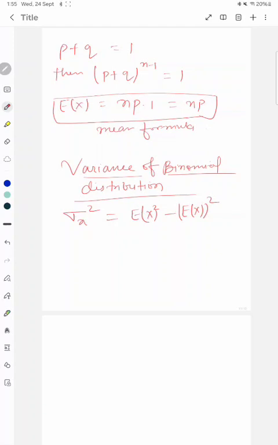So first we find the expectation of x square, and expectation of x square equal to expectation of x into x minus 1 plus E(x). This is mean. Then we first need to find the expectation of x into x minus 1.